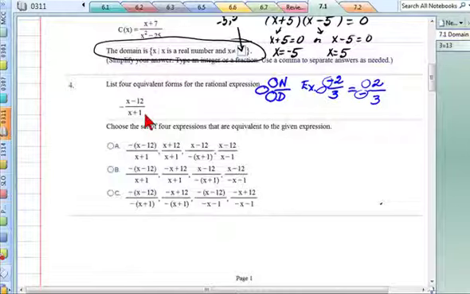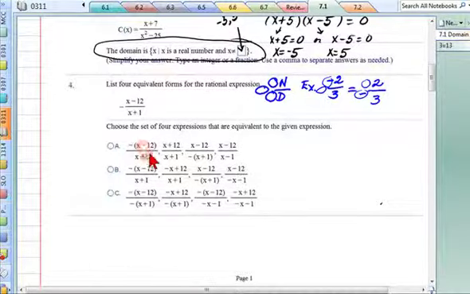It wants me to go through these choices, A, B, or C. One of them has 4 expressions which are all equivalent to this one. So what we're going to do is look at it and see, have they just changed 2 position signs? So let's hang in here.